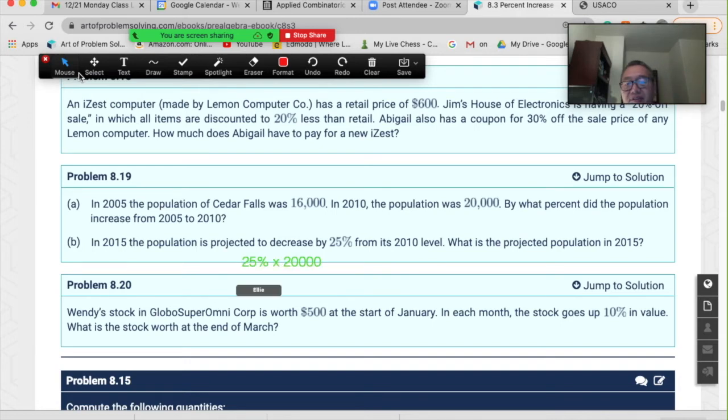Equals 1/4 times 20,000. That makes it easier, so it is 5,000.